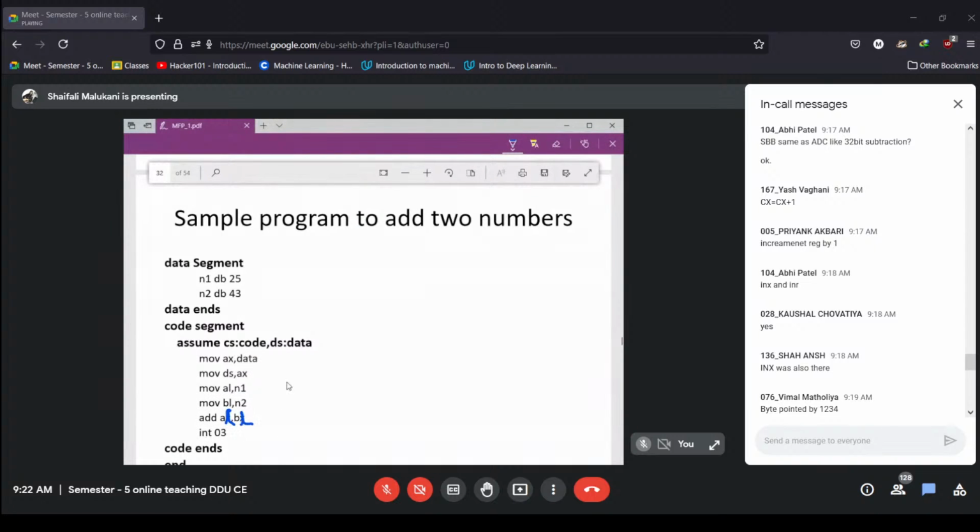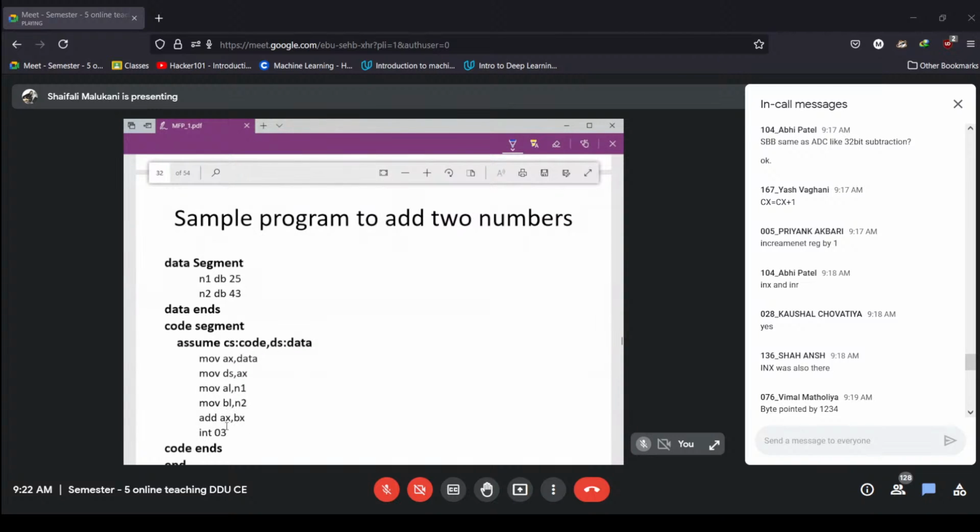Otherwise, what will happen? BH and BL. If I want to use this one, then what do I have to do? One or two more instructions are needed here. Yes, of course. Thank you, Sanish. Two values are taken in AL and BL, right?